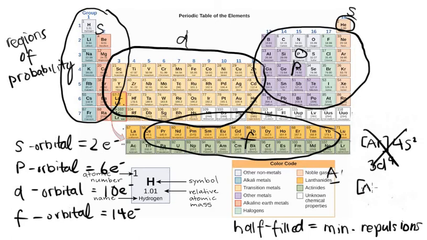The actual configuration is argon 4s1 3d5. Notice the d orbital, which has 10 electrons normally, has 5 electrons, so it's half filled, and the same thing with the s orbital. So these are 2 exceptions to the Aufbau principle, and you should know this, because exams like to trick you, and if you answer how it should be, that's actually wrong.